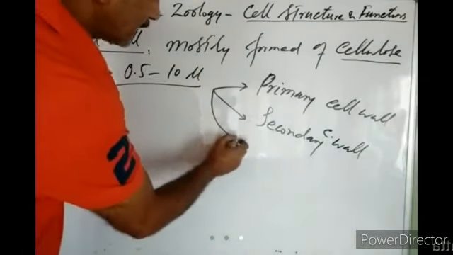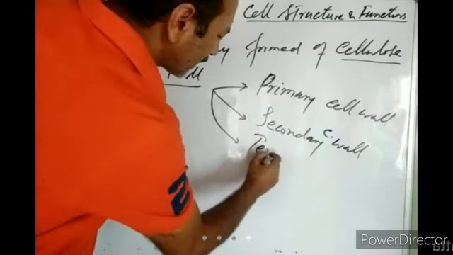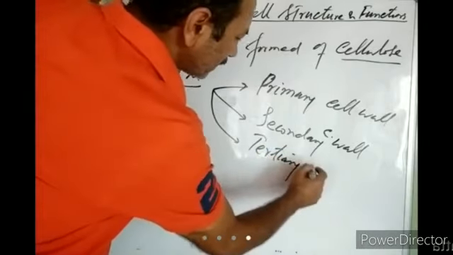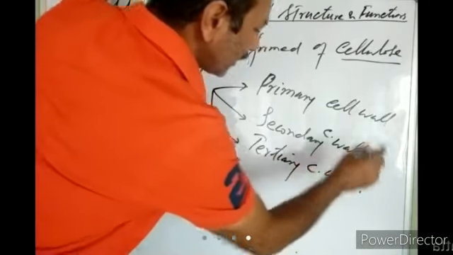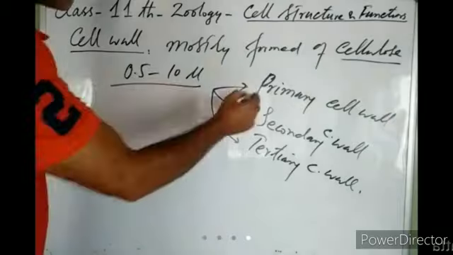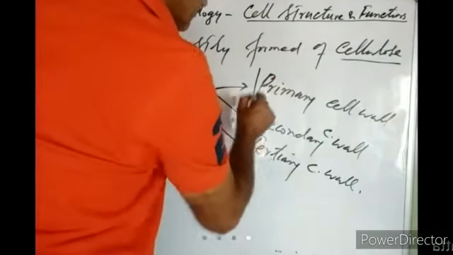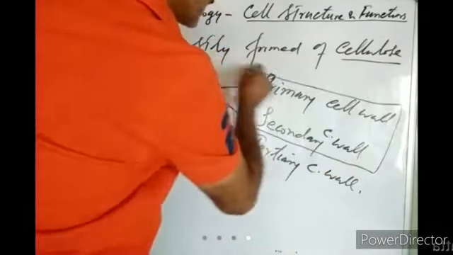In only a few cases, a tertiary cell wall may also be formed. Usually the cell wall of plant cells has two layers, primary and secondary, but sometimes a third layer, the tertiary cell wall, may also be formed.